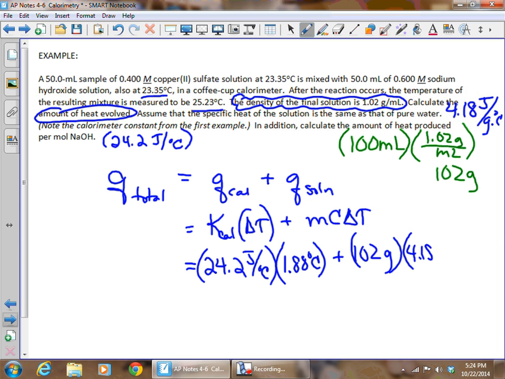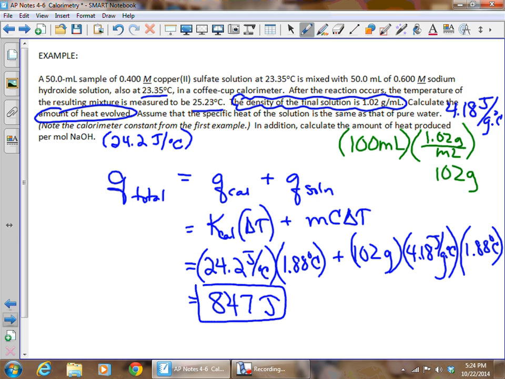Same 4.18 joules per gram degree Celsius as that of water, as it told us, and our temperature change is still 1.88 degrees Celsius. When we multiply this out and add it together, we end up with 847 joules of heat involved.